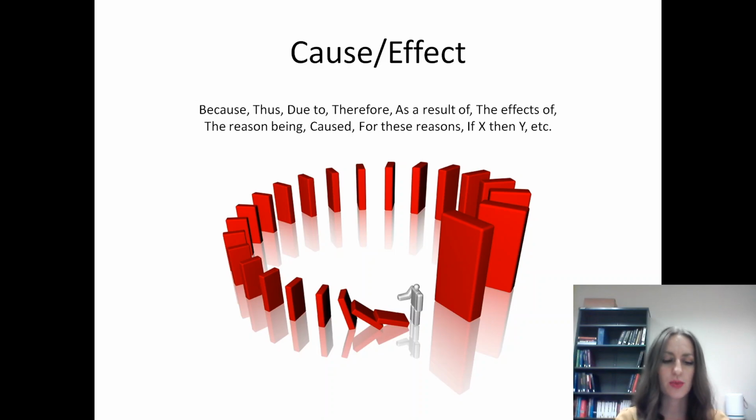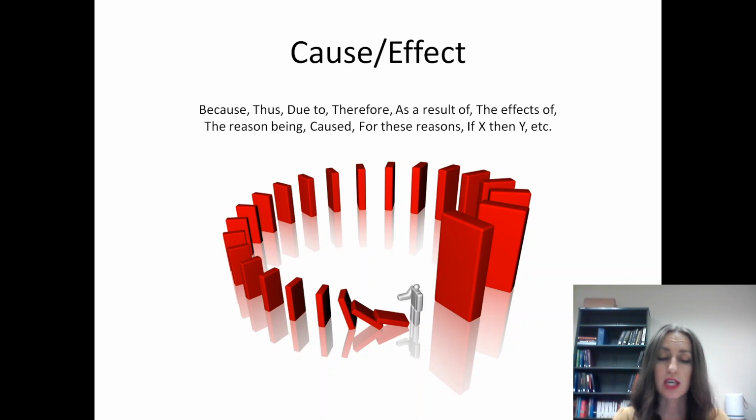All right, now we need to talk about cause and effect. Cause and effect lays out a logical chain of consequences, all right? So if you're thinking about appealing to logos, cause and effect is part of an appeal to logos. It might talk about what made something happen or the results of a particular occurrence.